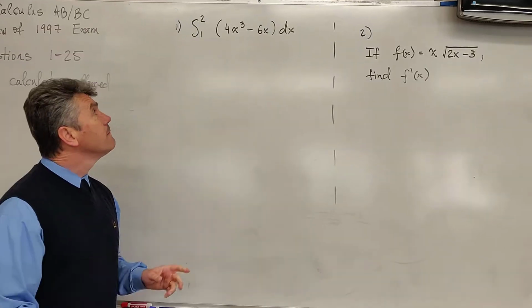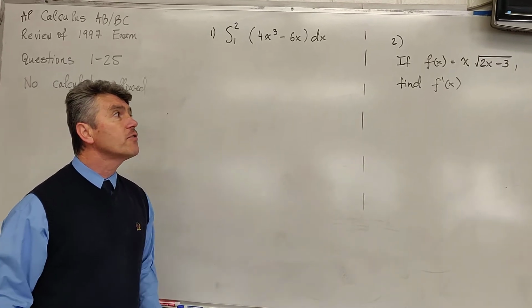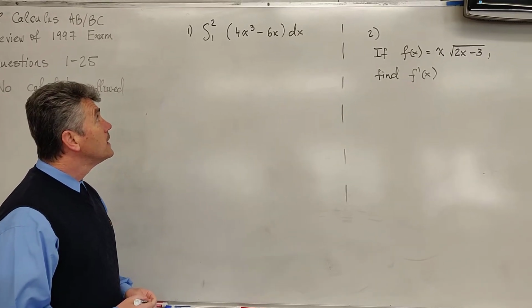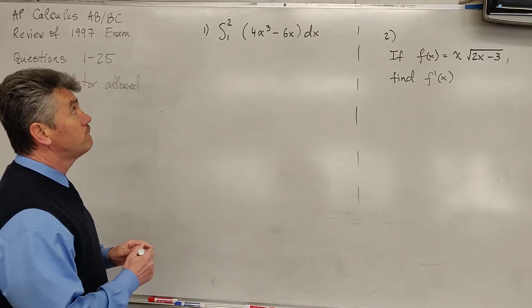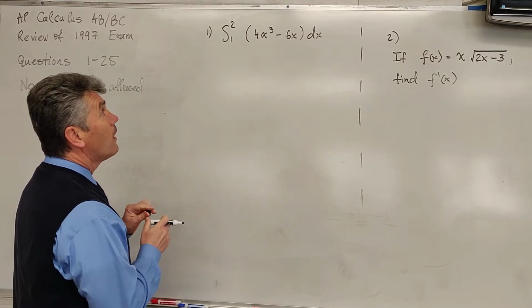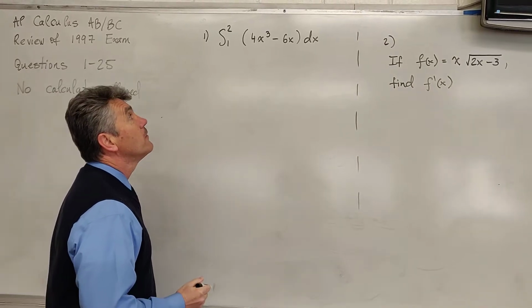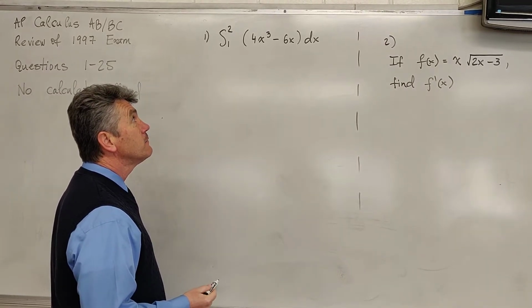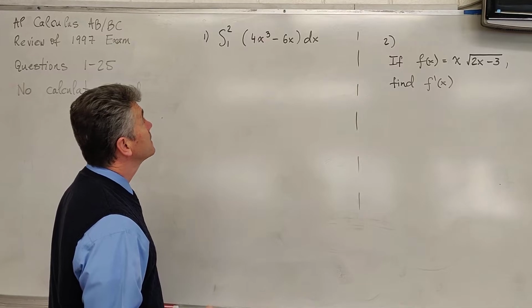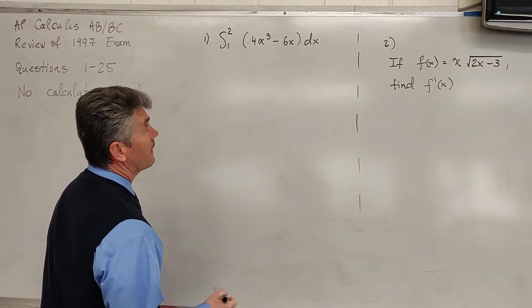in the beginning. At the beginning of the test, the questions are not very difficult, and so pretty basic stuff. We have the definite integral from 1 to 2 of the function 4x cubed minus 6x. We're going to take the antiderivative.